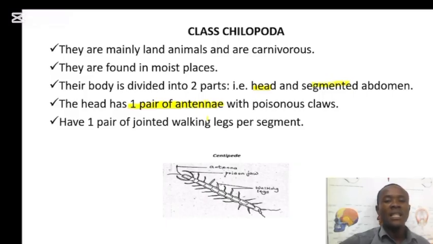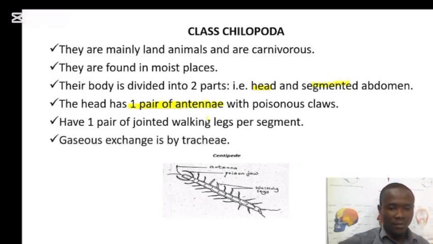Here in the Chilopoda, the segments can range from 15 to over 100. And just like the Diplopoda, they respire through the trachea, which is connected to the outside via the spiracle. An example of this organism is the centipede.